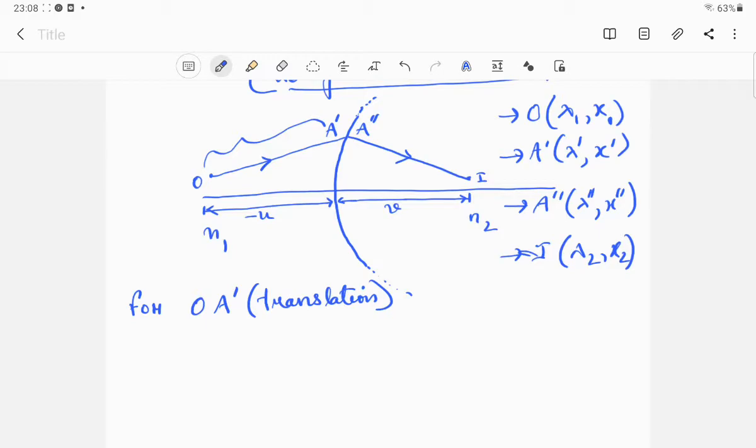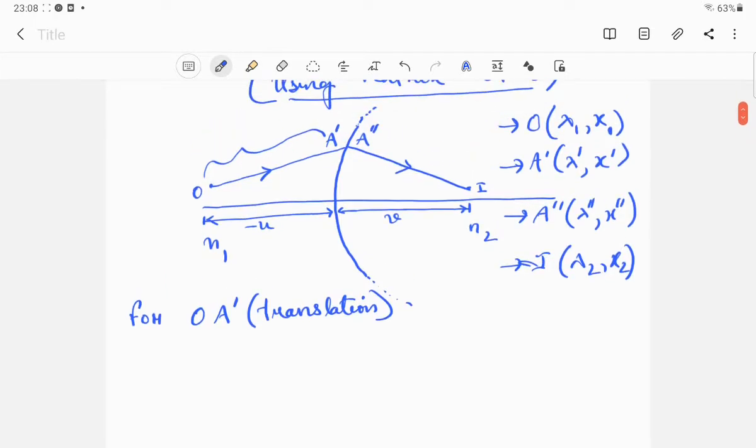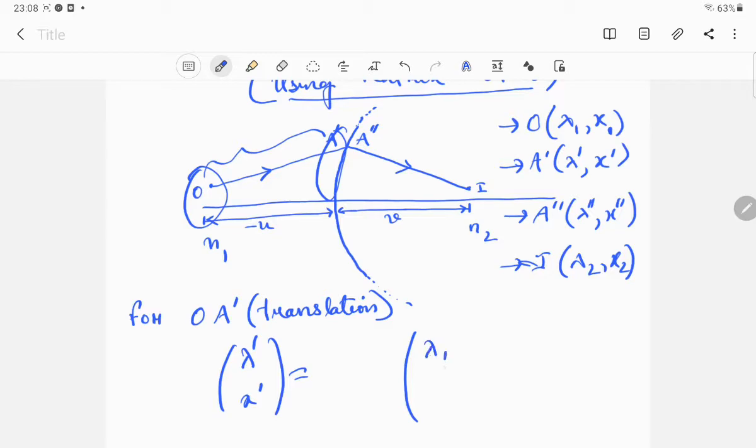Now let us write down for O to A dash. Here the initial coordinate is lambda 1, x1, and the final coordinate is lambda dash, x dash. What happens in between is called translation.